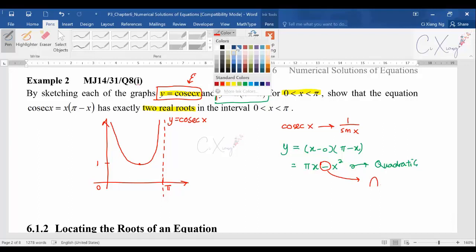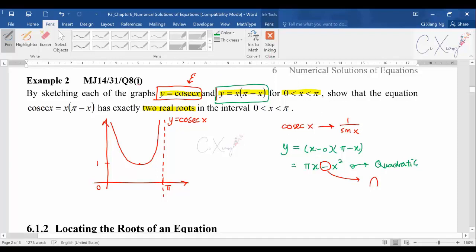All right, then next one. To continue, I want to check the x-intercept. To check the x-intercept, you let x equals 0. Oh, sorry, you let y equals 0.